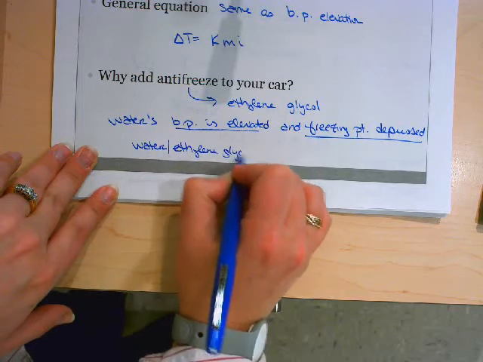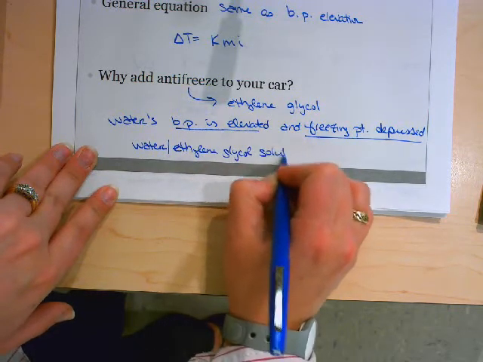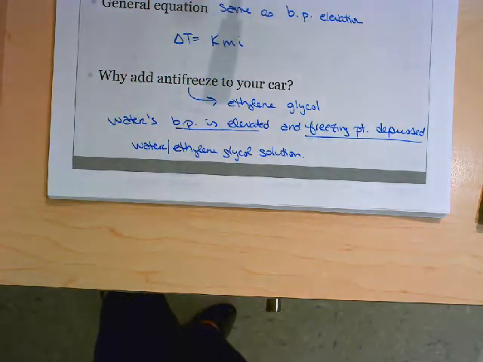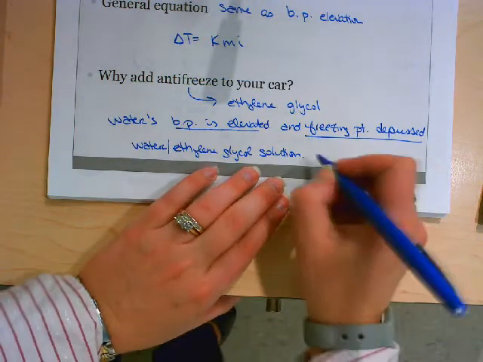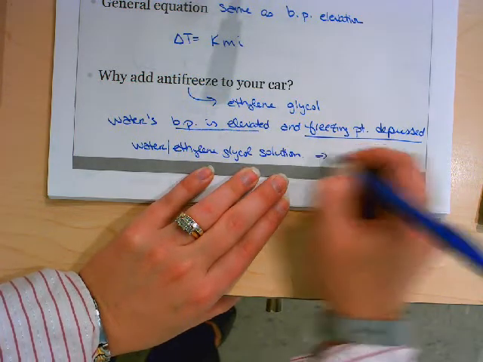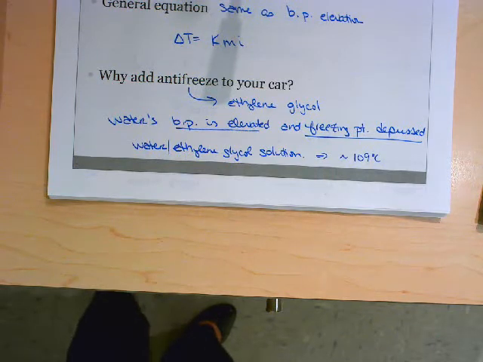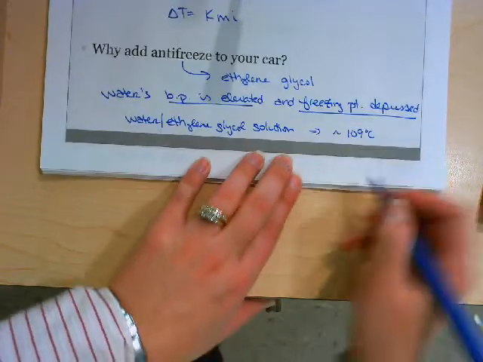as is in your car, this water-ethylene glycol solution. Water normally boils at 100 degrees. This combination boils closer to 109 degrees Celsius. So you'd have to get your car's innards to 109, so it raises it by 9 degrees.